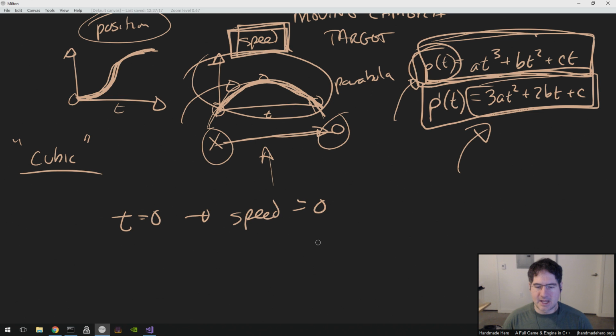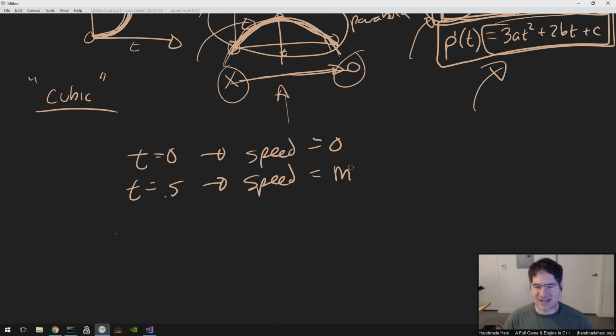And we want it to pick up over time so that when we're about halfway, we want our speed to be, let's say, 1, where I don't really mean the literal value 1, but some value. We could say max. We want our speed to be the maximum speed, whatever we decide that to be. And then at t equals 1, we want it to be 0 again. That's what we wanted.